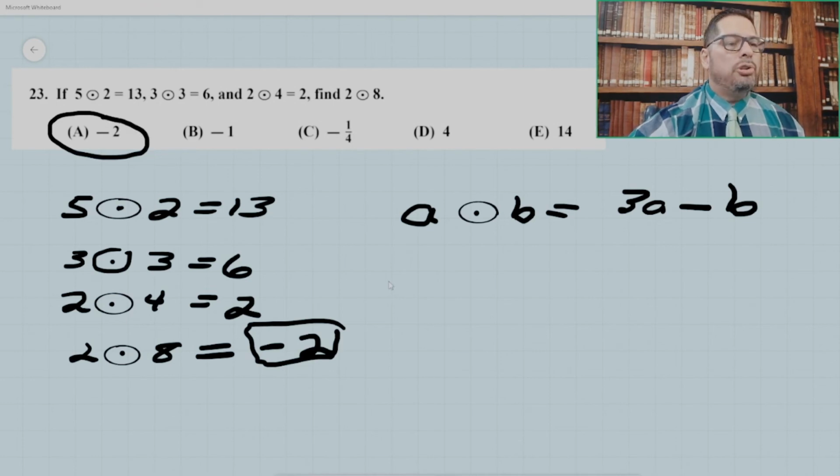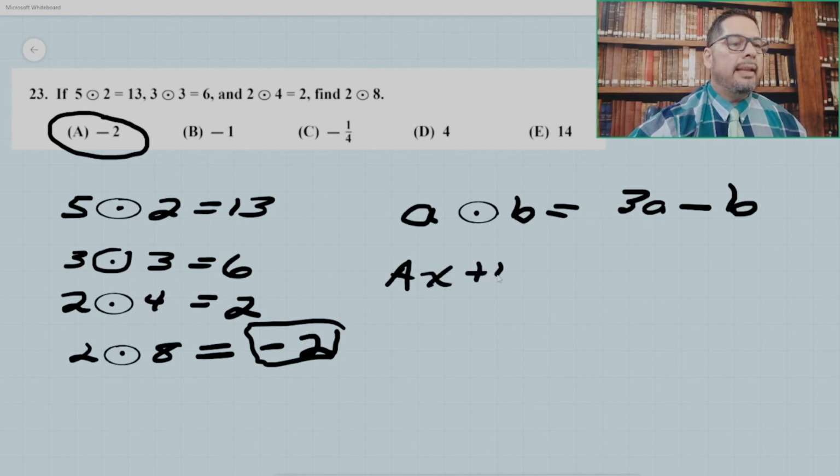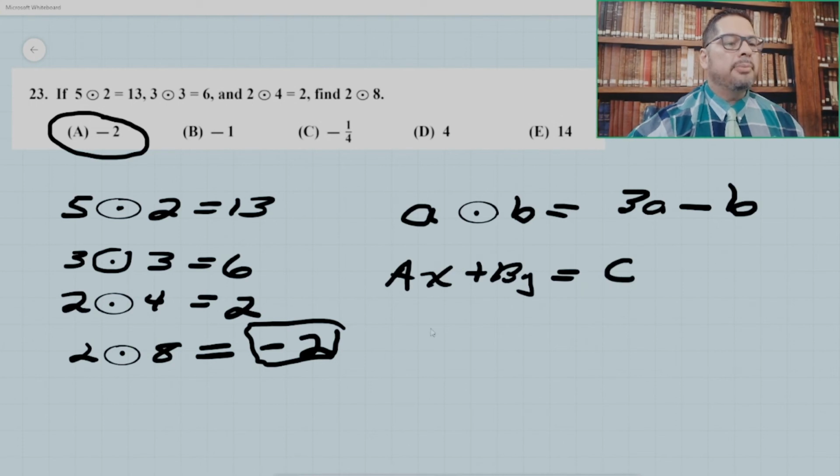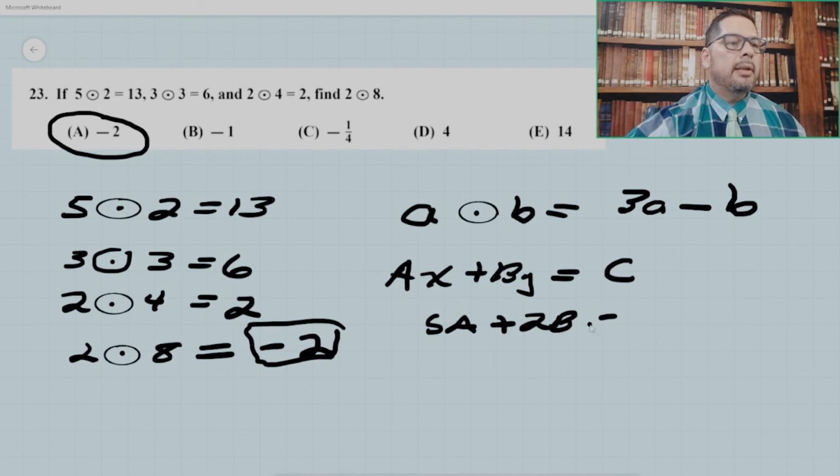I suppose you could assume a linear combination, and then with 2 points you can find out your A and B. That's possible. If you assume a linear combination, we'd have 5A plus 2B equals 13. And then we'd also have 3A plus 3B is equal to 6.